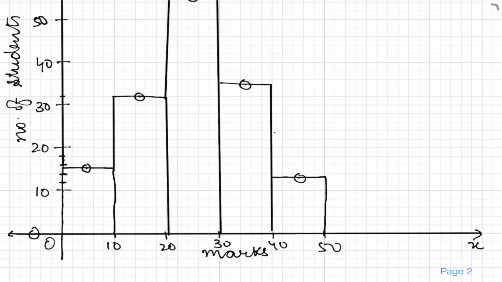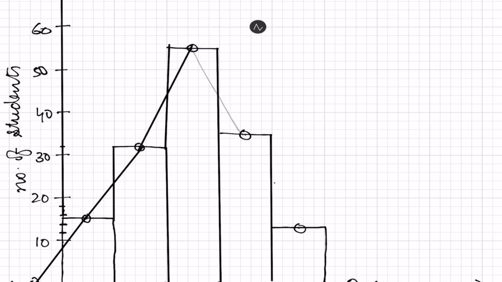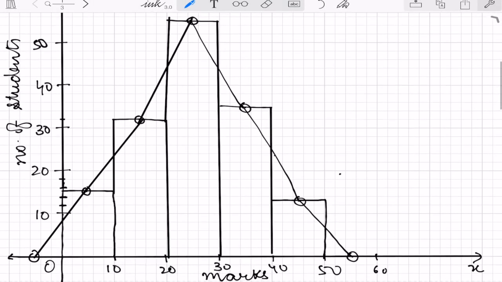We will take the middle value of the bar adjacent to the y-axis, and the next block adjacent to this bar is 50 to 60, their middle value. Okay, so we will start joining the points with the help of a scale, and after joining we will get a frequency polygon.